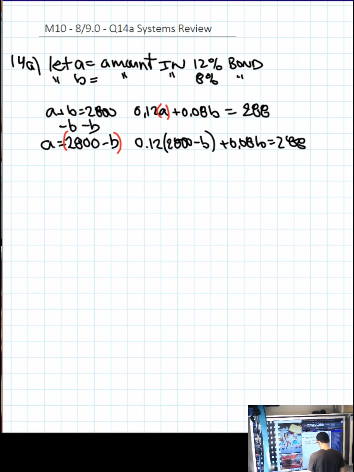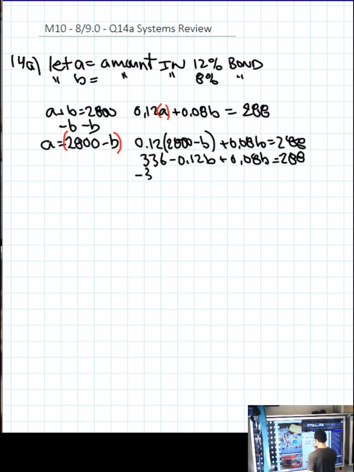If we distribute, 0.12 times 2800 is 336 minus 0.12B plus 0.08B equals 288.